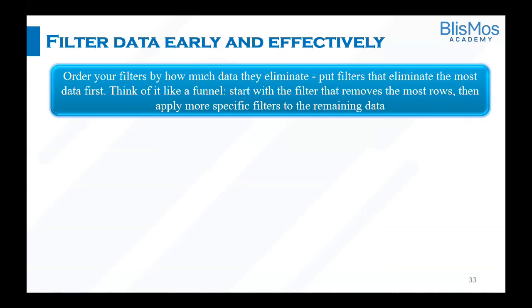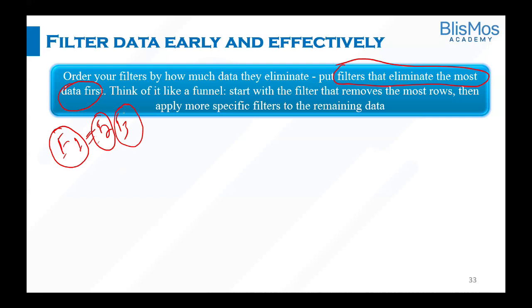Then one more thing is, instead of randomly organizing your filters, you can put the filters that eliminate most of the data first. Let us say you have a sequence of filters, filter 1, filter 2, filter 3. Sequence them in such a way that whichever filter eliminates the most data is used first, and then feed those results to filter 2.